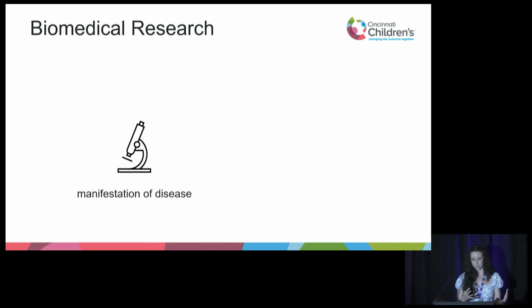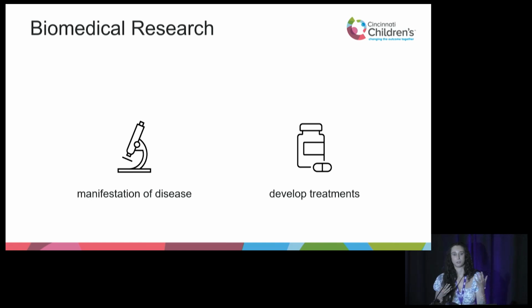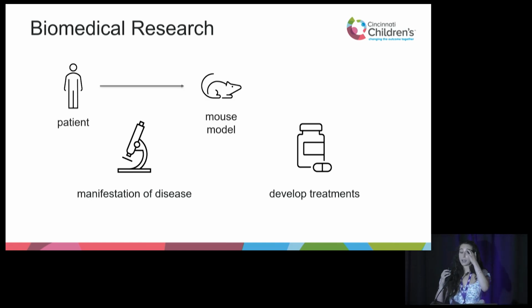So first, a super big picture overview. As biomedical researchers, our goal is to understand the manifestation of disease: what causes it, how does it manifest, and to develop treatments, if possible. The way we do this is by, as much as possible, using what we learn from tests in our patients.